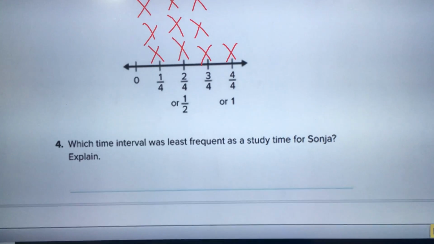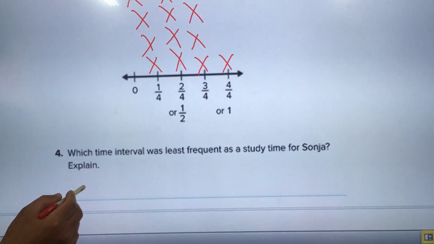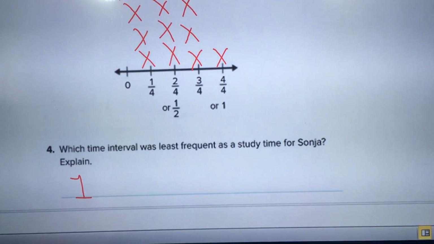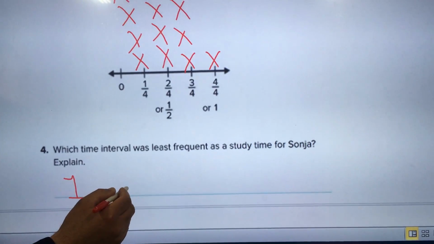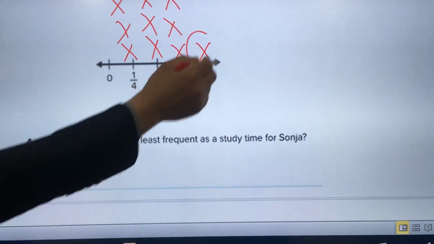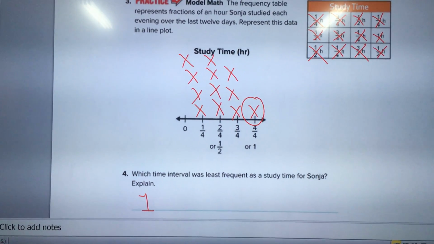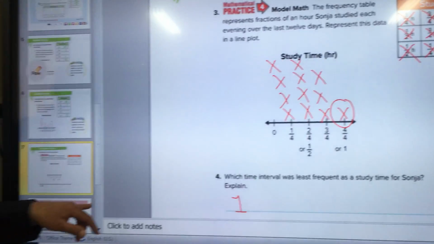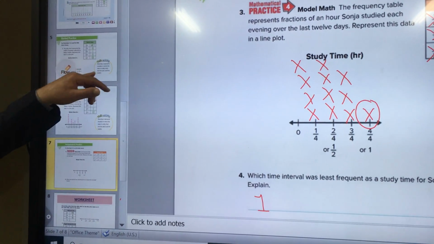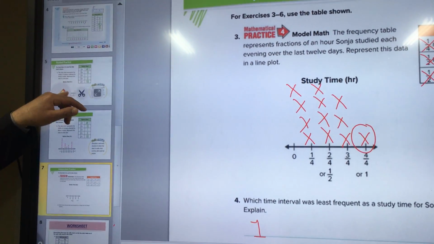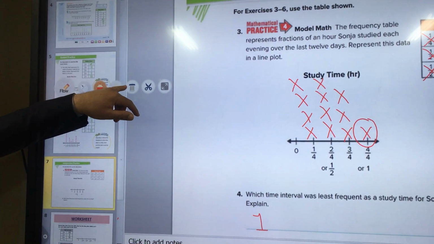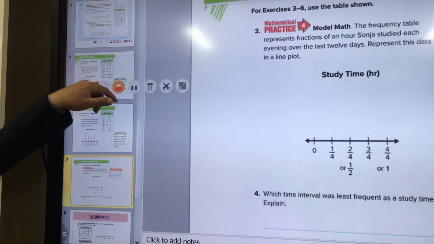Explain. Which one is the least one? It is 1, because it has the least. Has only 1x. Okay, now it's clear, guys. Everything is clear. I will erase this one.